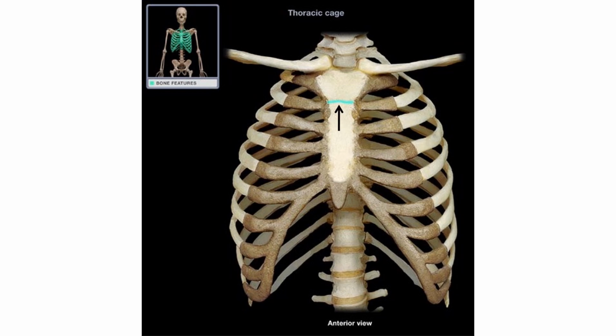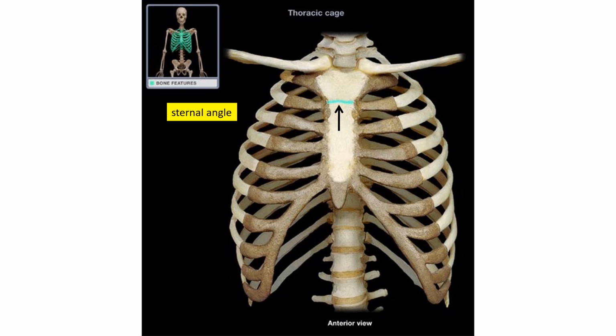When we look at the tip of the arrow, we can see that there is a transverse line, and in real life it is a transverse depression, and you can feel that on your sternum, and this is called the sternal angle. Is this important? Yes, it is.